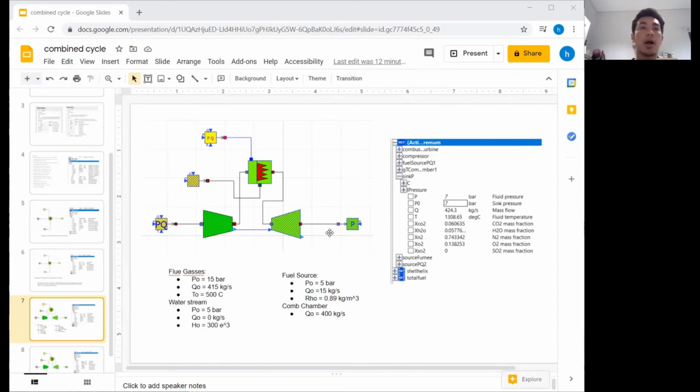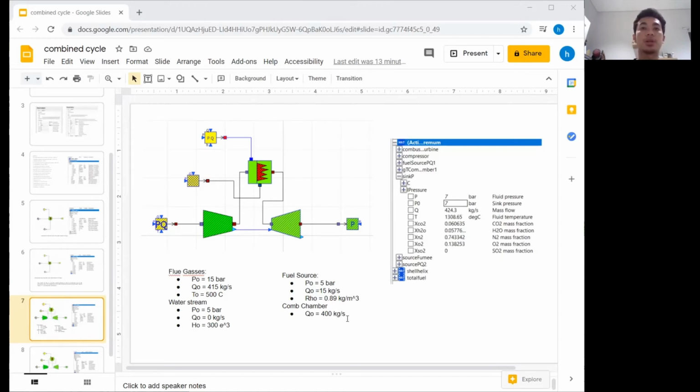So I will make a different temperature for each of the components. We can see that I have set this for the flue gases, water stream, fuel source, and combustion chamber. Basically, the pressure is also increased: the flue gases is 15 bar, the water stream is 5 bar, the fuel source is 5 bar, and for the combustion chamber, I made a change to the mass flow rate.